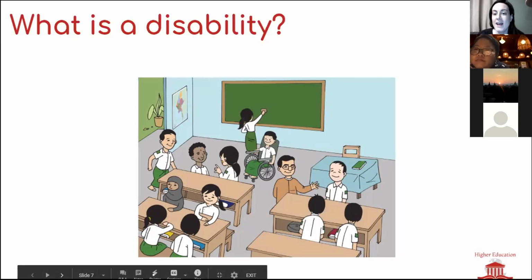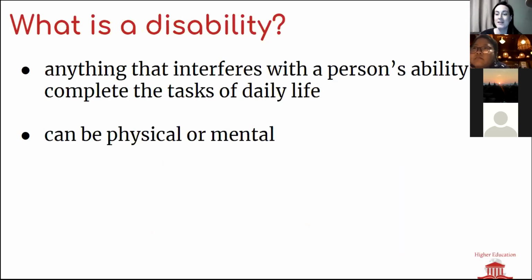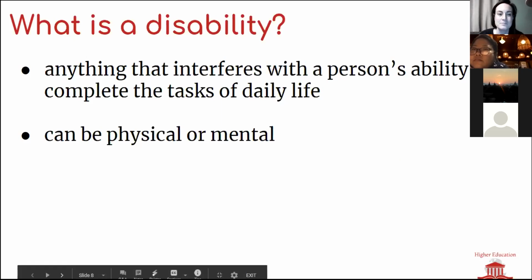Difficult to do something as other people can do. Good. So anything that interferes with a person's ability to complete the tasks of daily life. So it can be physical or mental. So many people here mentioned both physical disabilities and mental disabilities.